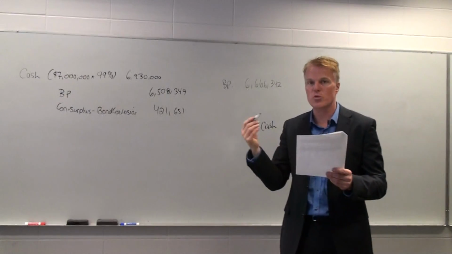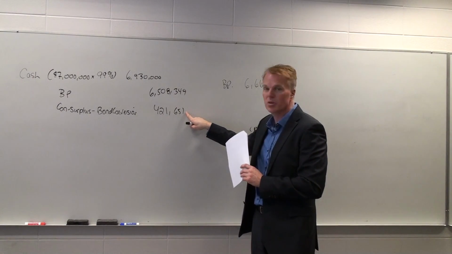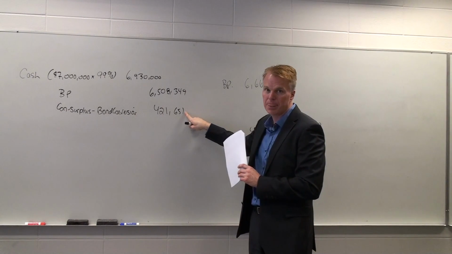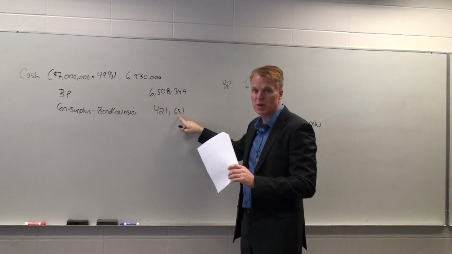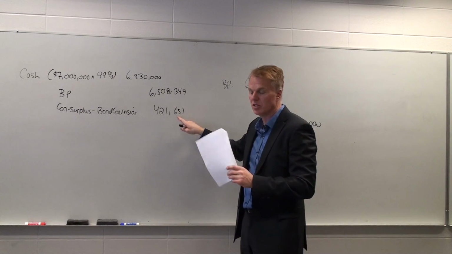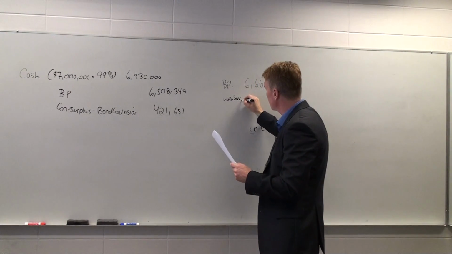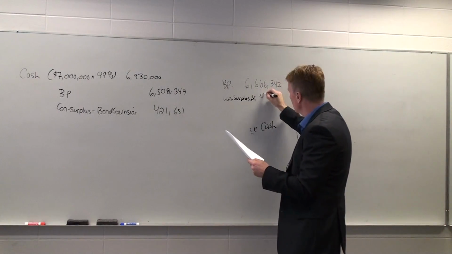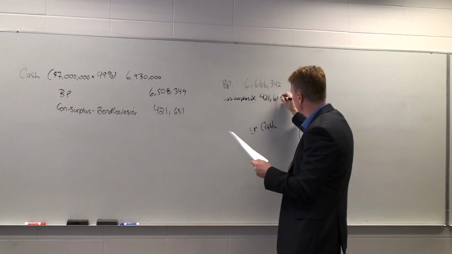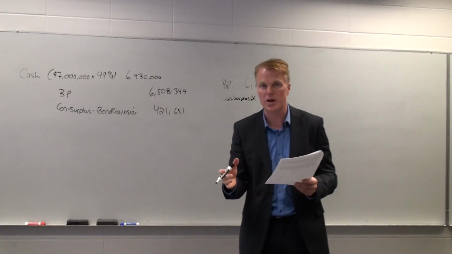Now, when we originally set this question up, we had contributed surplus set up. Now, because this has been converted, this no longer is relevant. This needs to be taken down to 0 as well. So our contributed surplus, bond conversion, 421,651, that needs to be reduced down to 0 as well.